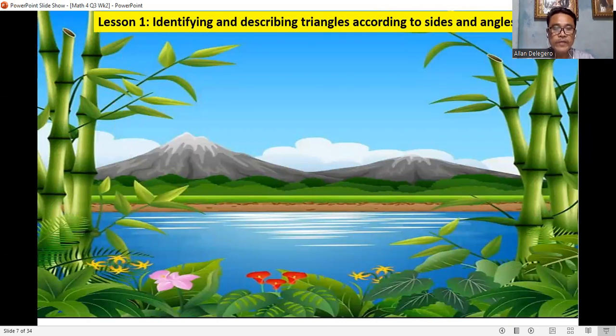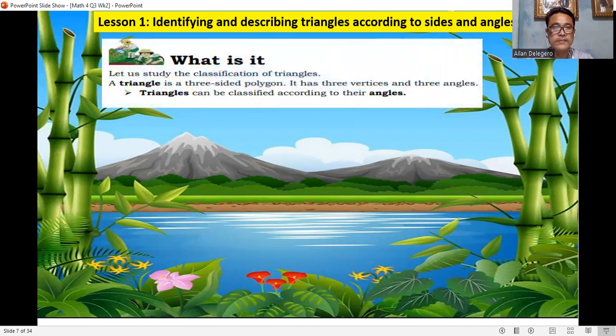This time, you will learn to identify and describe triangles according to sides and angles. A triangle is a 3-sided polygon. It has 3 vertices and 3 angles. Triangles can be classified according to their angles.